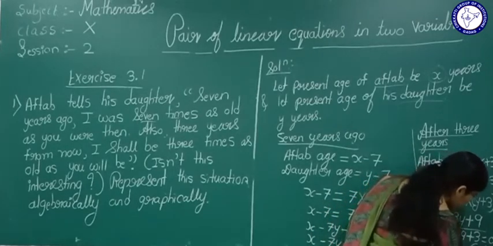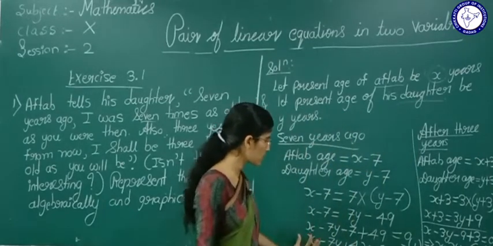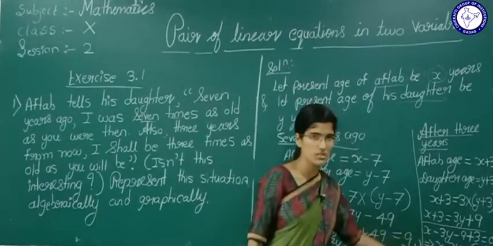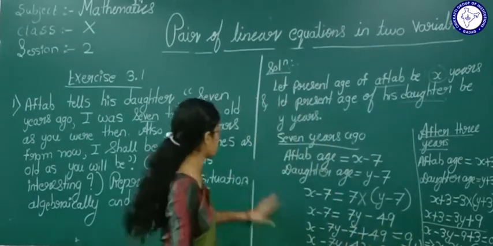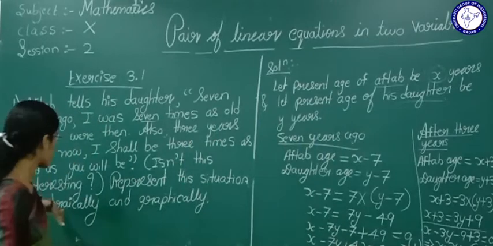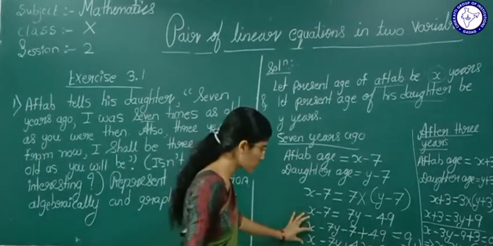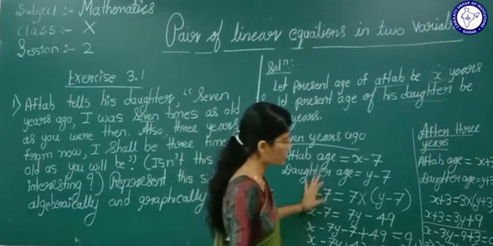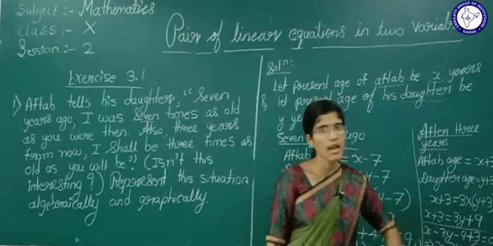This is equation number 2. Now we will find the solution of each equation algebraically and graphically. They told us to represent this situation algebraically and graphically. We will find the solution of equation 1 and also of equation number 2, algebraically and graphically.